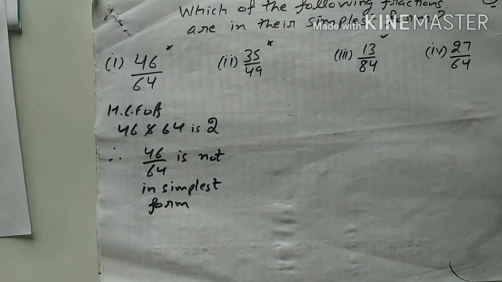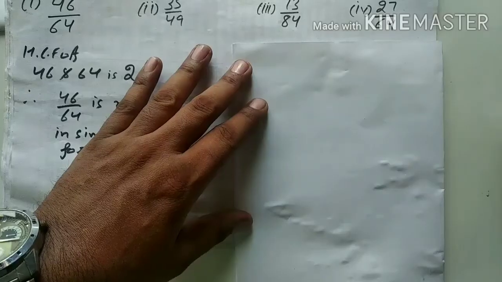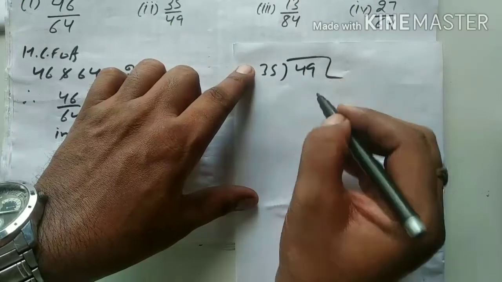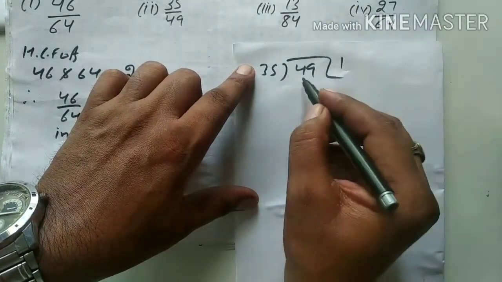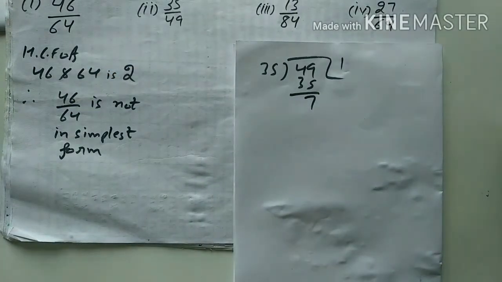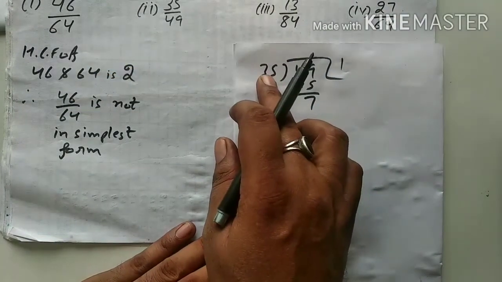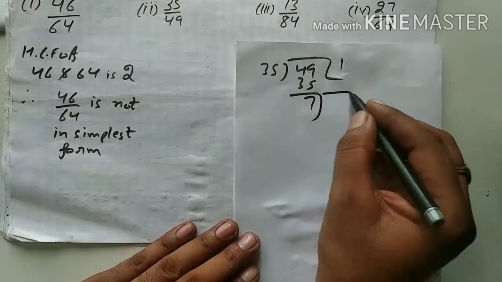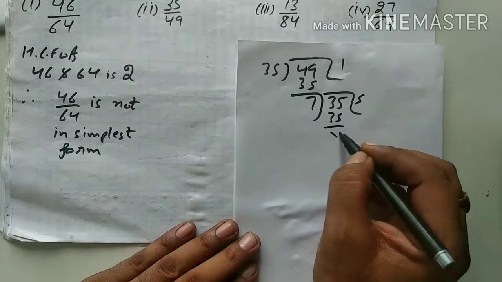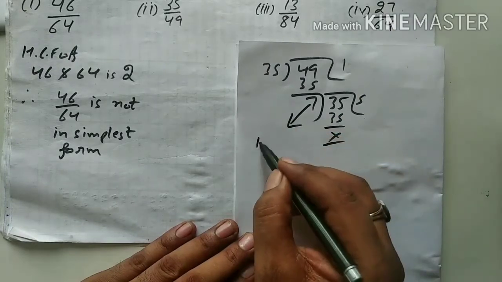Now we are on the second question. In this case also we will have to find the HCF of 35 and 49. Now student, 35 ones are 35 and the remainder is 7. I will divide the earlier divisor with this remainder. Now 5. Here you see what is the HCF.